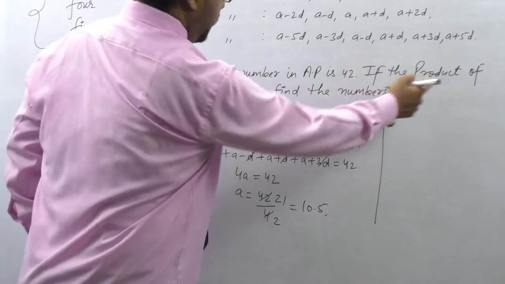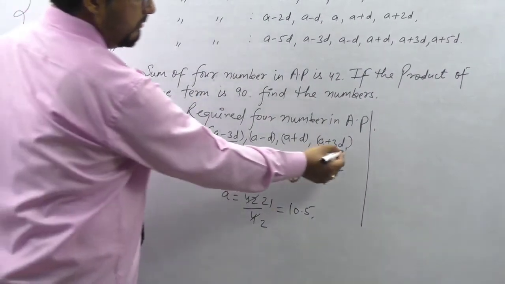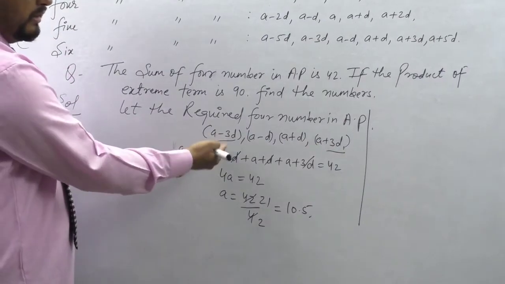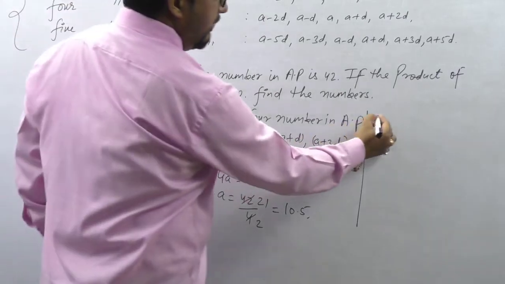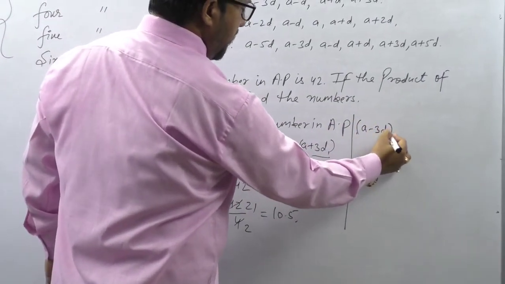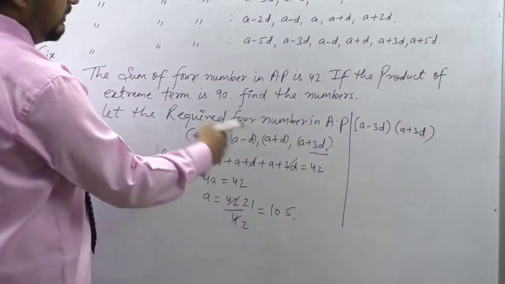Now what is given in the next part? The product of the extreme terms is 90. What are the extreme terms? One is this and one is this: a minus 3d and a plus 3d. If you take the product of that, it is 90.